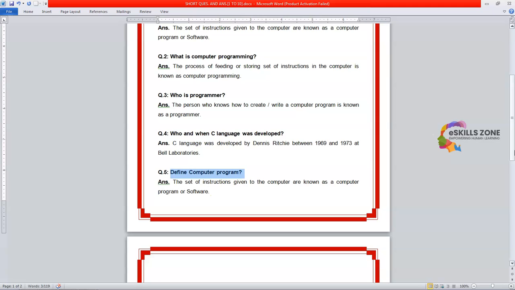Next number, question number 5. What is a programming language?